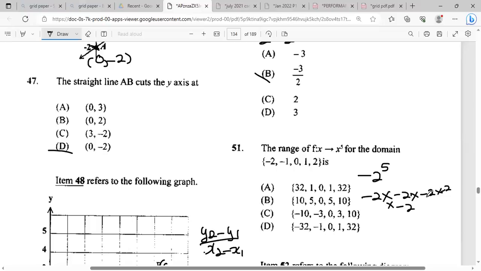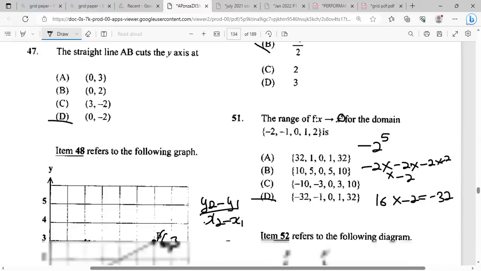Negative times negative gives you +16, and then you have -16. +16 times -2, positive times a negative, gives you -32. Long and short of it, if the power is an odd number like 5, 3, 7, you'll get a negative. If it's an even number, you'll get a positive. Try to remember that just in case they come with something different.